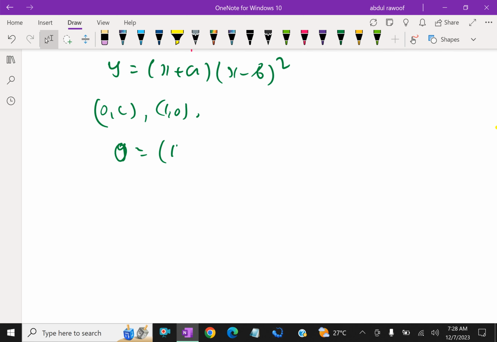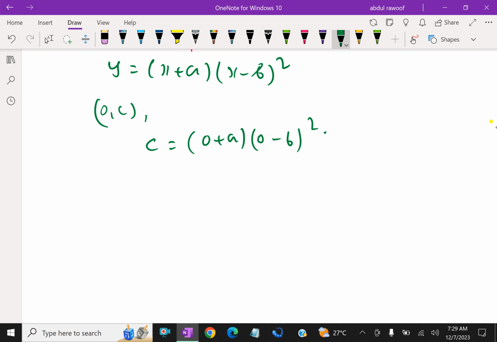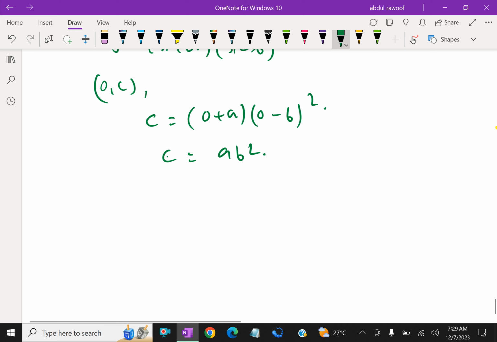Zero comma c means the curve passes through 0 comma c, so we can get it. Therefore, y equal c when x is 0, so a and 0 minus b the square. Therefore, c equal to a into minus b whole square, c equal to ab square.